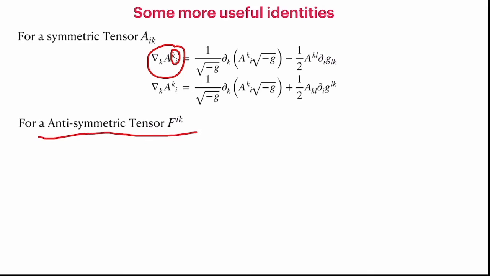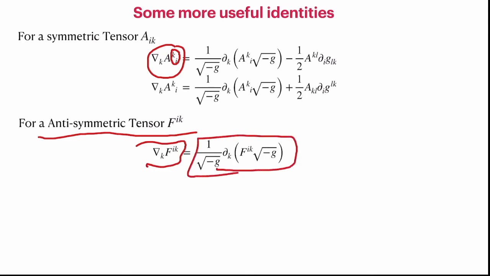Any anti-symmetric tensor could have this property, whose divergence can be simply written in terms of partial differentiation. The anti-symmetric property here seems to help to get rid of this extra term, and then you have a pure partial differential defining the divergence of the anti-symmetric tensor. So this is also a very useful property.